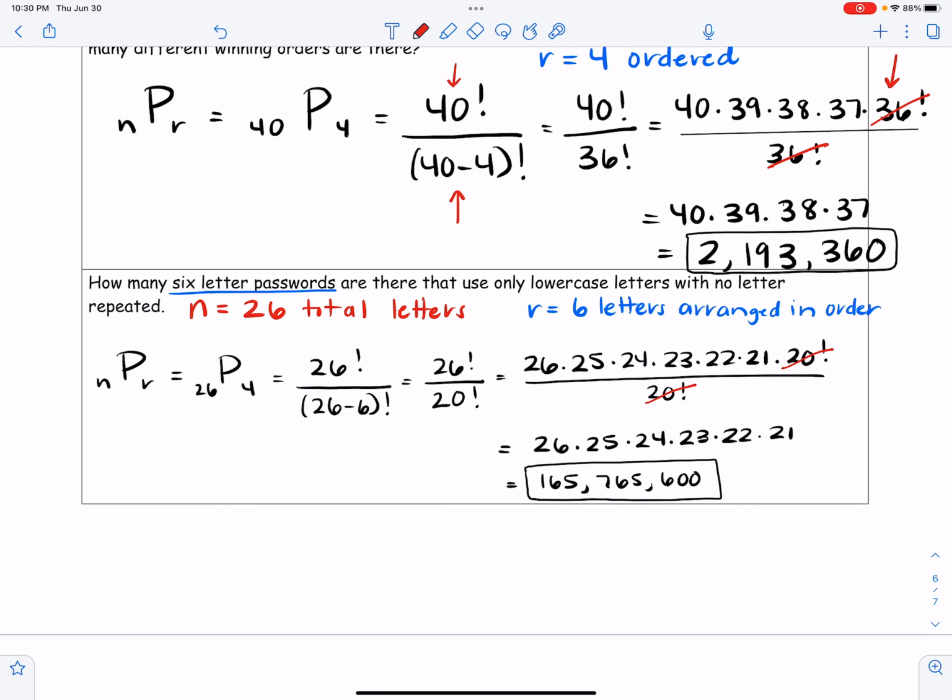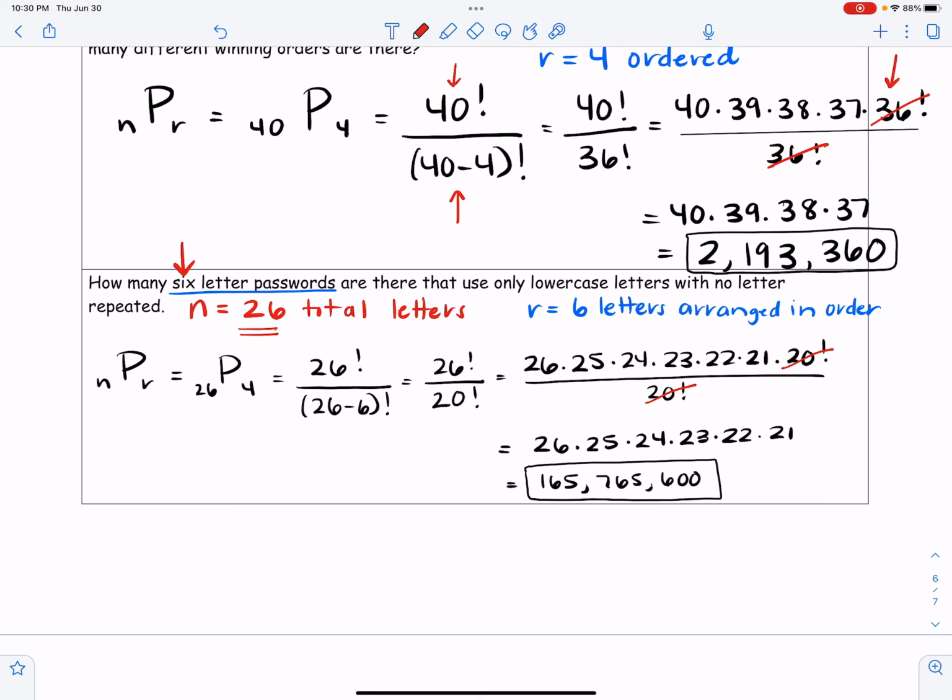Similar situation here. I have a 6-letter password that I'm trying to put together. And if each one is a letter, there's 26 letters to choose from. So 26 letters, only arranging 6 of them.